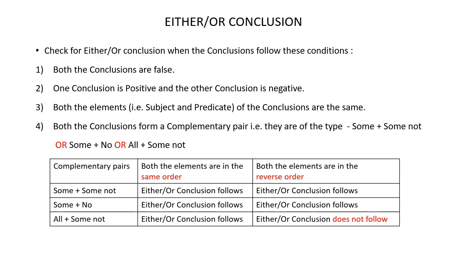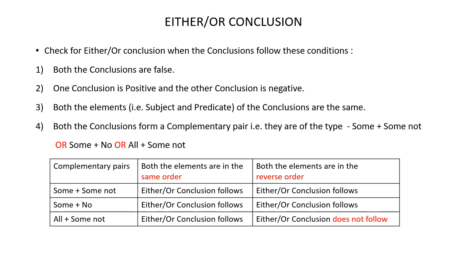Now, one thing you should remember is to check whether the subject and predicate of the conclusions are in the same order or whether they are in the reverse order. Subject and predicate are in the same order when the subject and predicate of the first conclusion is the same as the subject and predicate of the second conclusion.